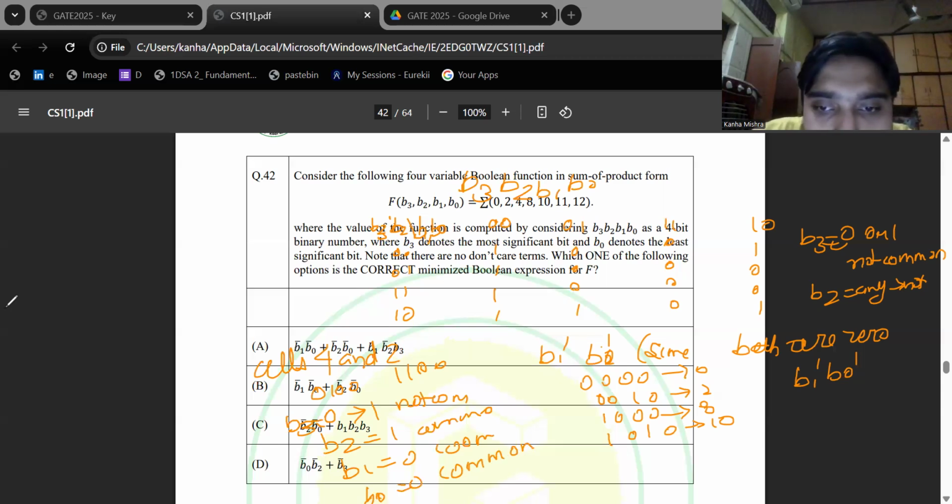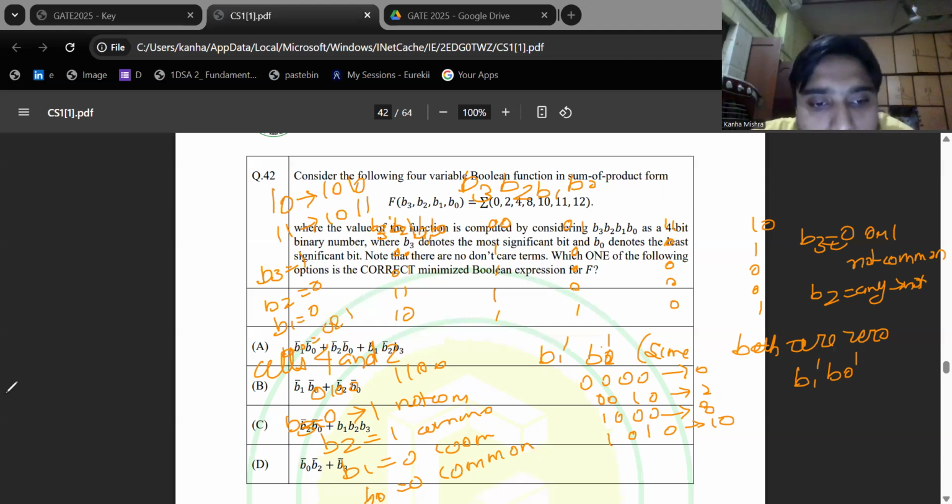Once that is done, we will get group 3, cell 10 and cell 11. If I take 10, it will be 1010 and 11 will be 1011. So B3 is common, B2 is 0 common, B1 is 0 common, and B0 is 0 and 1, not common.